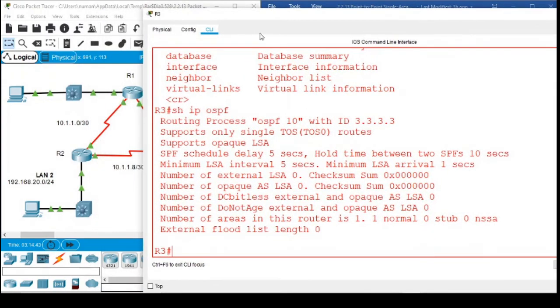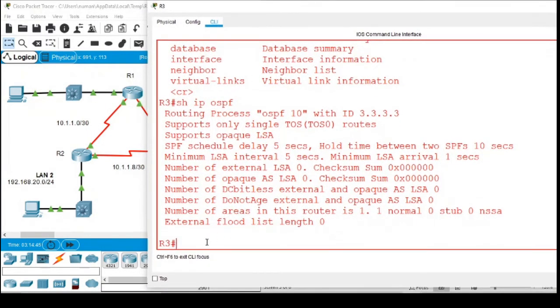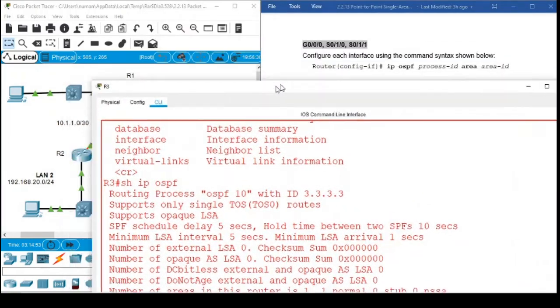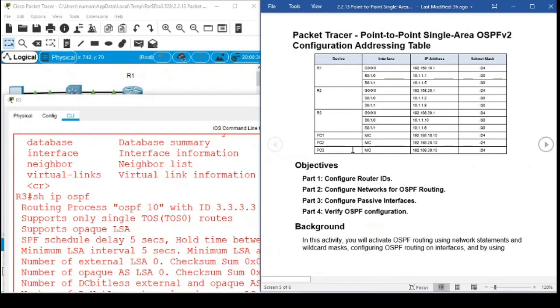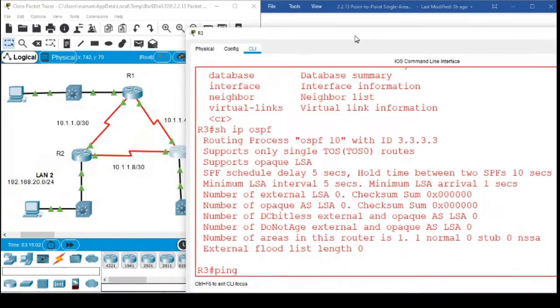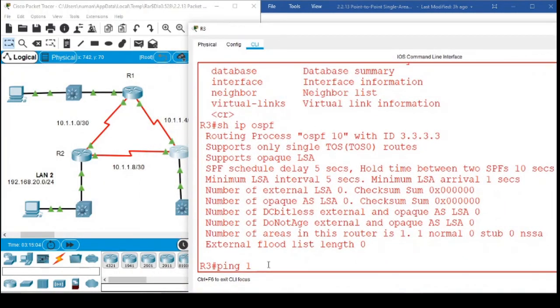Now I can show you the communication. How do we check the communication? We can ping from router 3 to the PC of LAN 2. So first we have to check what the IP addresses are. PC2 IP address is 192.168.20.10. So ping 192.168.20.10.